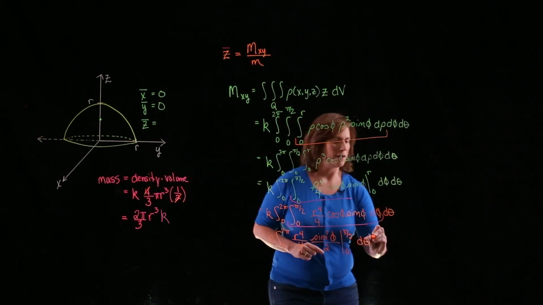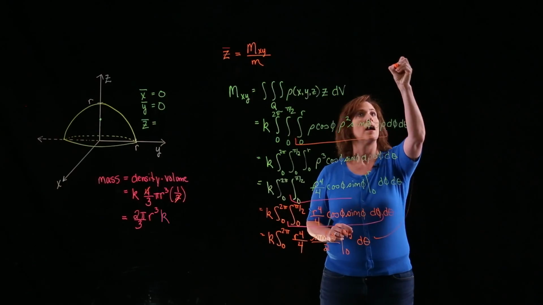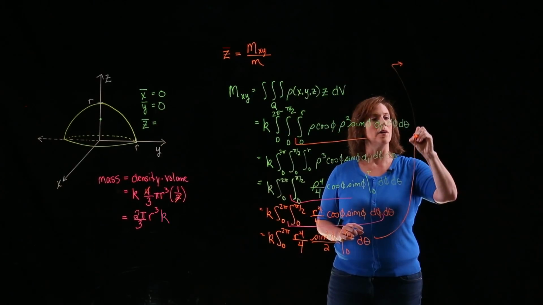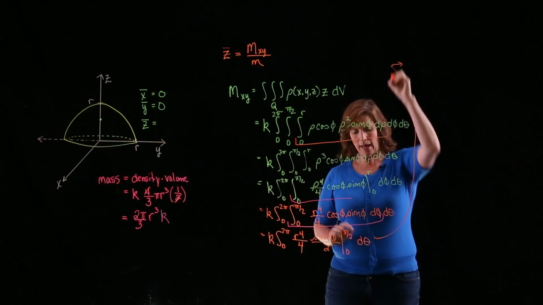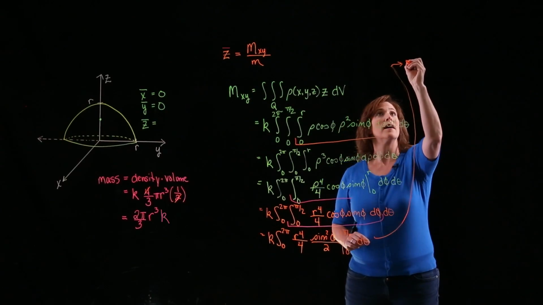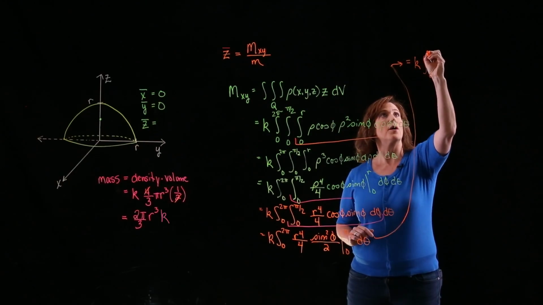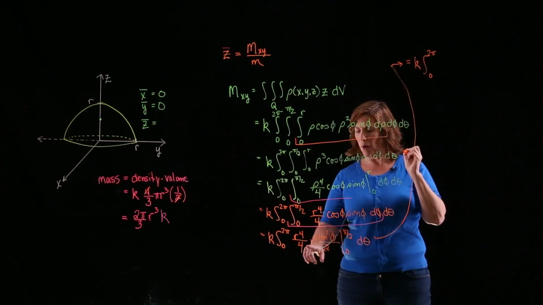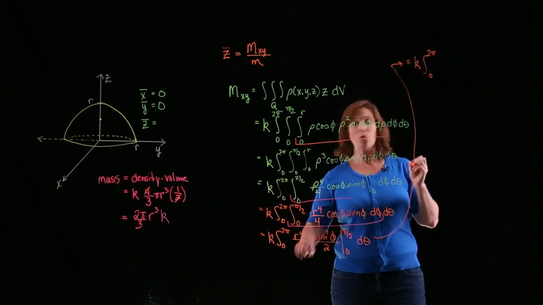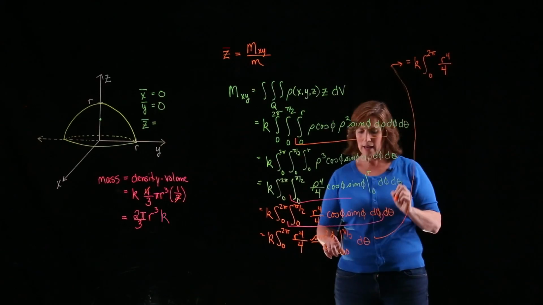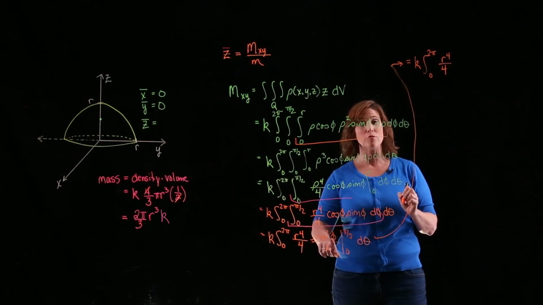So now, plugging in my upper and lower limits, I'm going to have k times the integral from 0 to 2 pi, r to the 4th over 4, times the sine of pi over 2 squared.